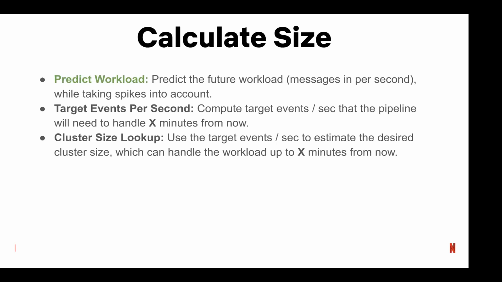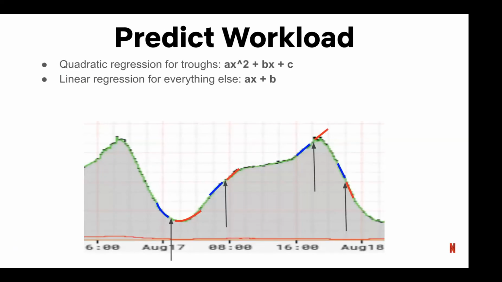Once we have that regression function, we need to compute the target event rate for the router required for the router to keep up with its backlog and traffic. After we compute the target event rate for the router, we can do a cluster size lookup by using the target event rate to look up in the performance table a cluster size that can handle that target event rate. So I'll go into more detail for each of these.